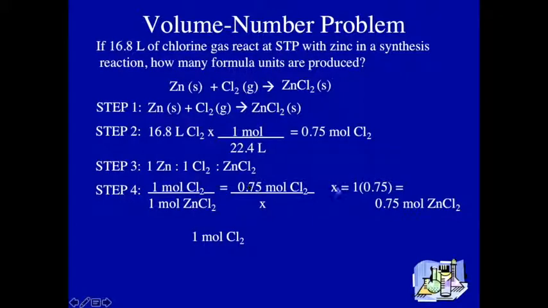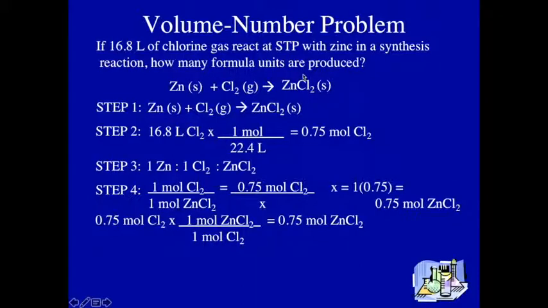When it's 0.75 moles of chlorine, I'm going to make 0.75 moles of zinc chloride. The other way of doing it, I know how many moles of chlorine I have. Then I multiply that by the units I want over the units I want to get rid of. My moles of chlorine cancel out. I get 0.75 moles of zinc chloride as the answer.